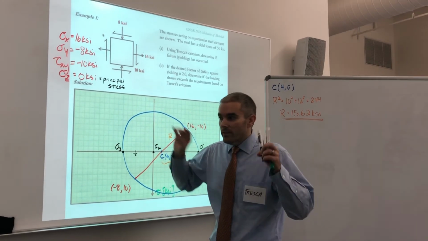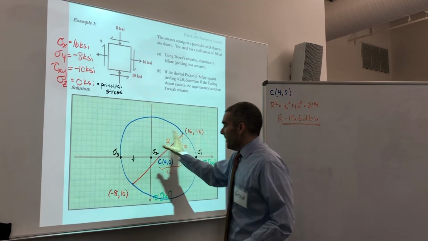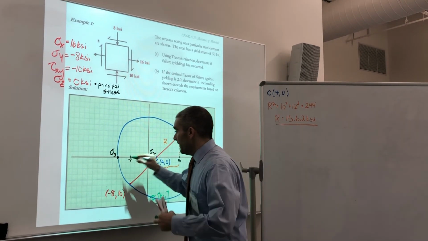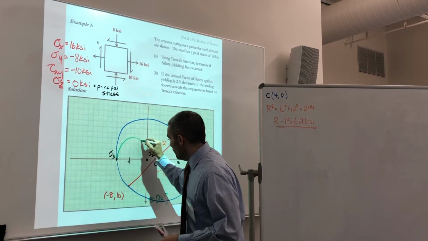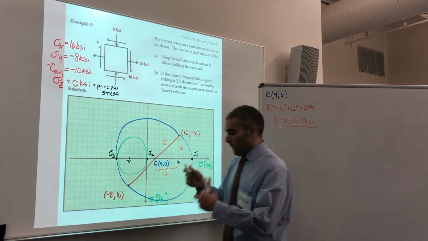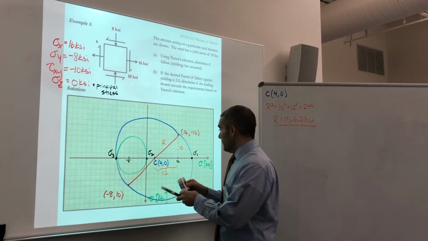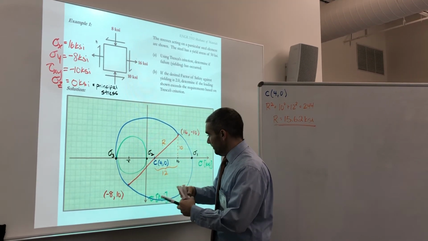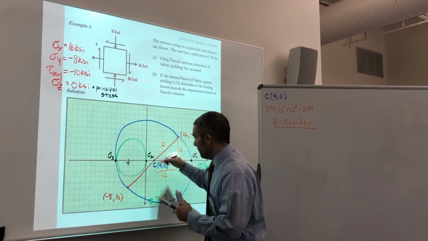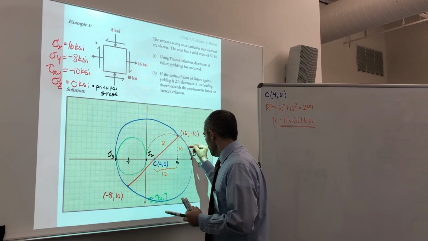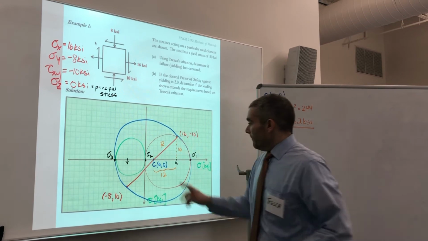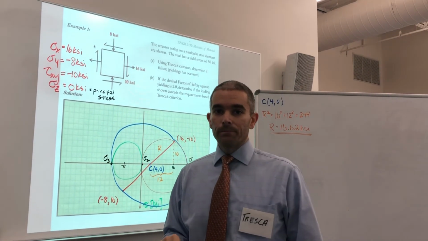I want to draw my Mohr circle in 3D, so I'm going to add my other circles between these two. So we can add a circle in here. We have another circle that connects 1 and 2. Like that, and we've now completed Mohr's circle.